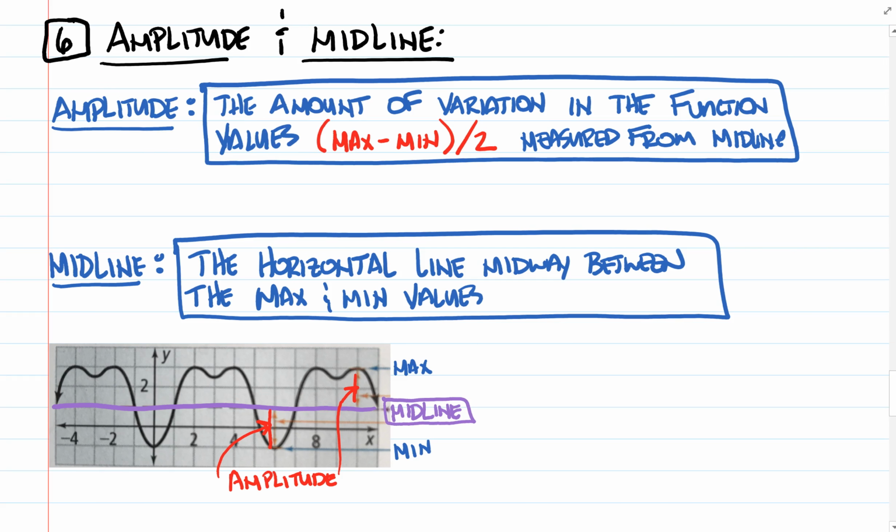In blue for you, I have a maximum point here, and then I have a minimum point here. So the amplitude is going to be the distance from that midline to that high point or that low point. So it's going to be the same value. To calculate that, we can just take the average of those if we needed to, or you can just look at the graph and figure it out. So amplitude and midline are also part of this conversation.